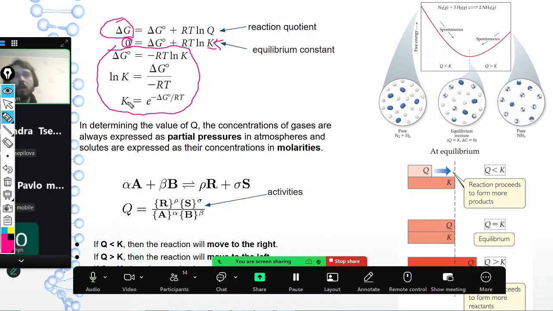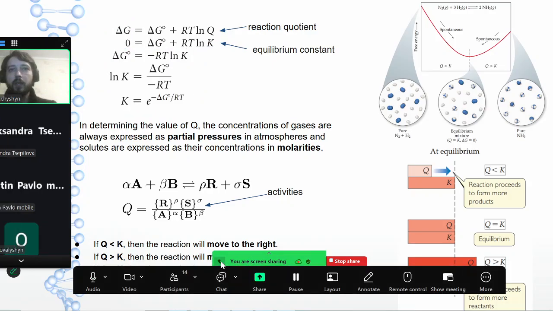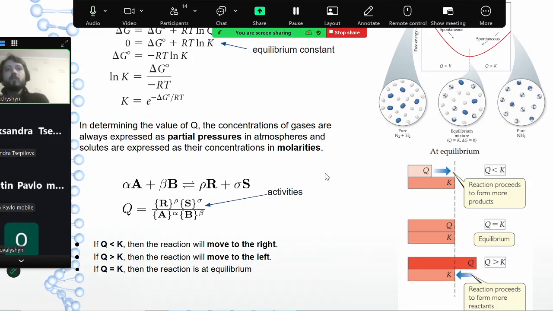Just moving around, nothing complicated. But what's interesting for us, if we have a reaction in a certain state, we can calculate this reaction quotient Q.